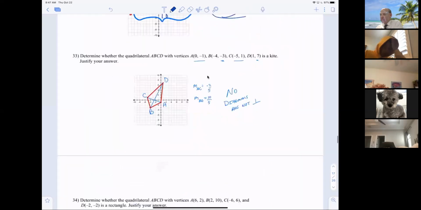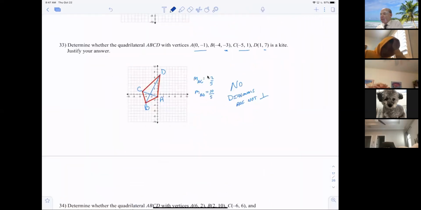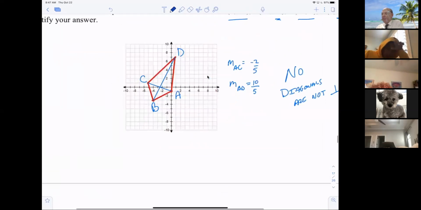33. Determine whether a quadrilateral is a kite. All right. One thing about a kite, this length has to be equal to this. This has to be equal to this. The diagonals are perpendicular, correct? So I think what I did was I just drew it out and then I drew the diagonals and it kind of looks like a kite, right?